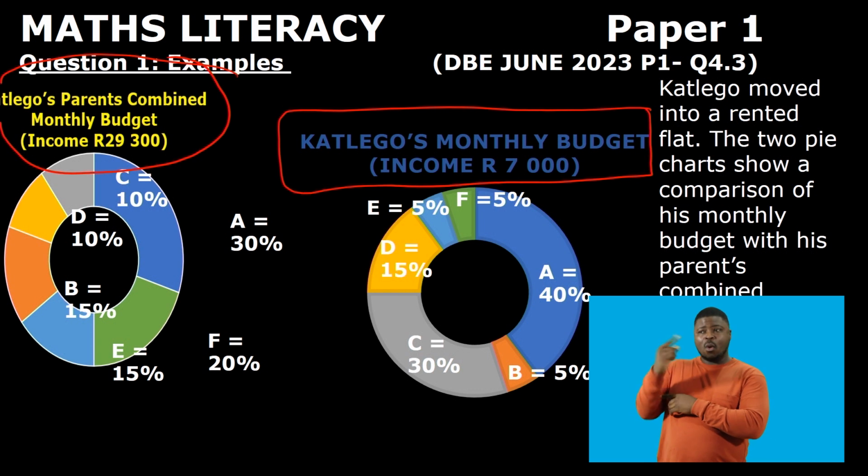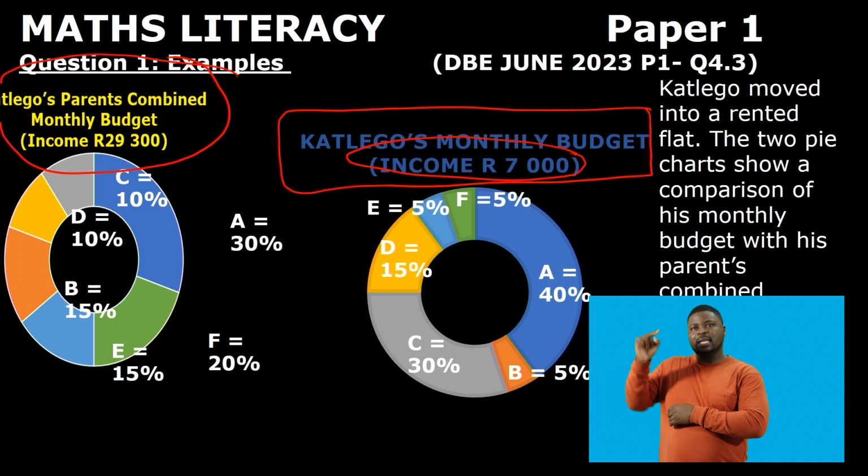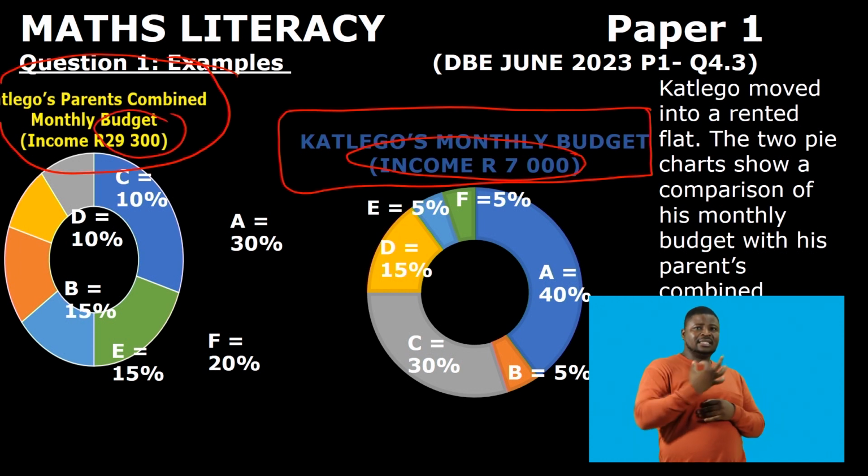And then you can see that Katlego has got an income of 7,000 Rand, and then the parents combined an income of 29,300 Rand. It is very important for you to familiarize yourself with the graph before going into the questions.